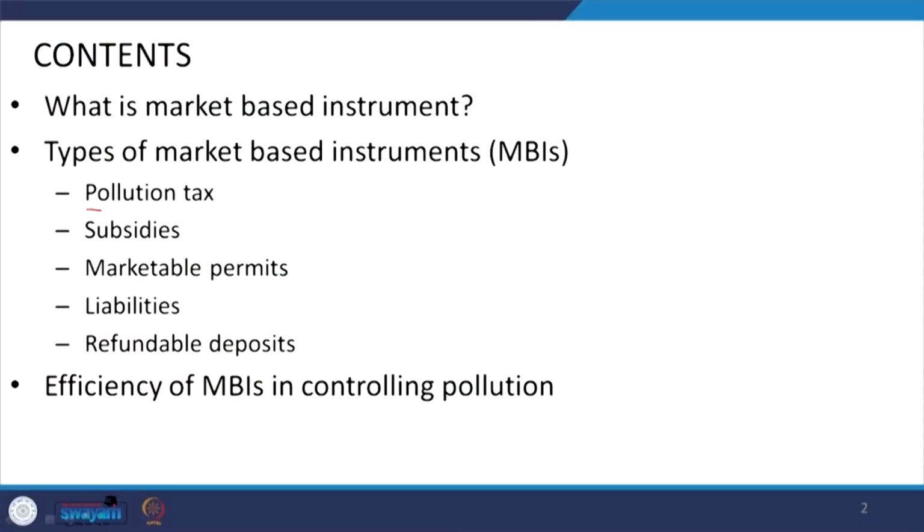And then we will be judging the efficiency of these market based instruments in controlling pollution itself. So, this is the broad outline that we will be trying to cover under market based instruments. Today we will be talking about the case of the pollution tax.